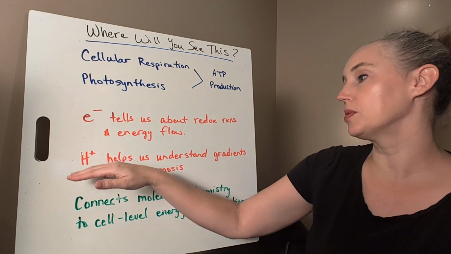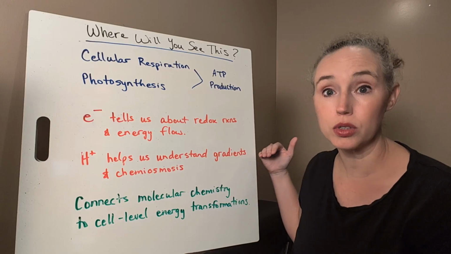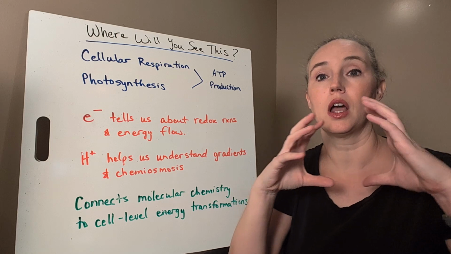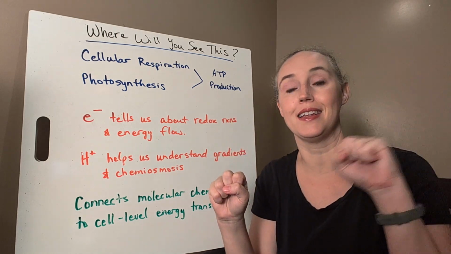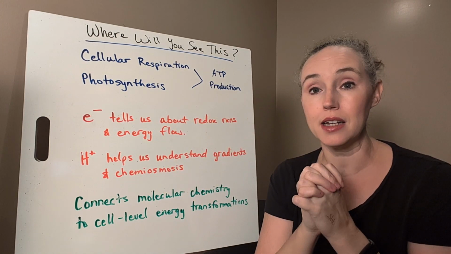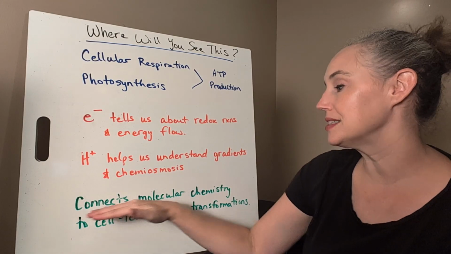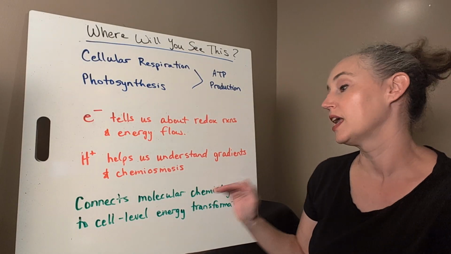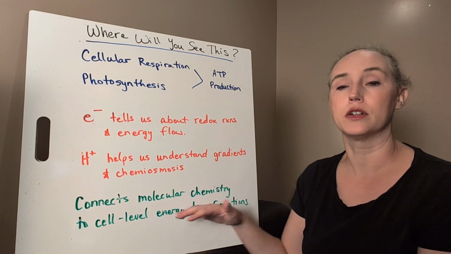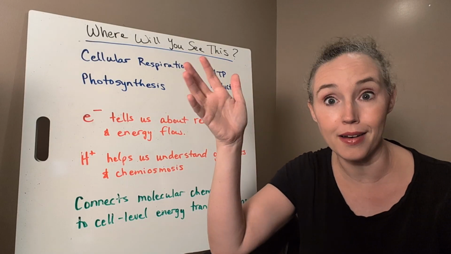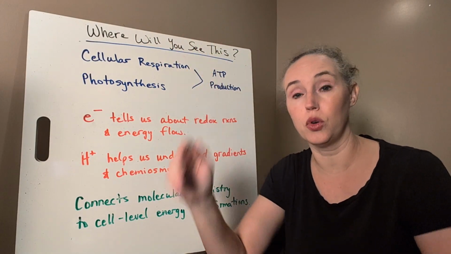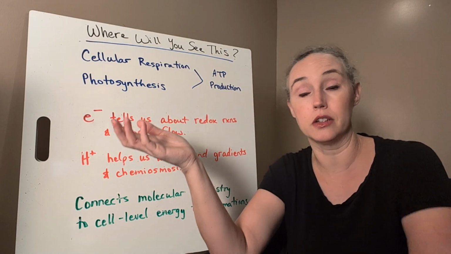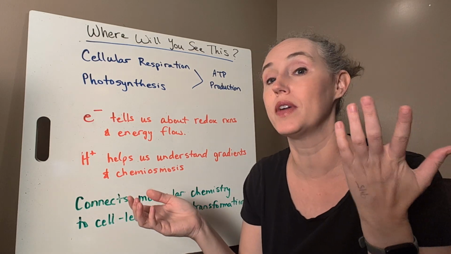Then protons, remember, they help us understand gradients, proton gradients, and chemiosmosis. So understanding hydrogen, understanding the role of protons and electrons, both individually and collectively in AP biology, helps us connect molecular chemistry, which there's a lot of in AP bio, to cell level energy transformations, like how we turn the sunlight, light energy, into chemical energy in glucose, and then how we turn this glucose energy into usable energy in the form of ATP.